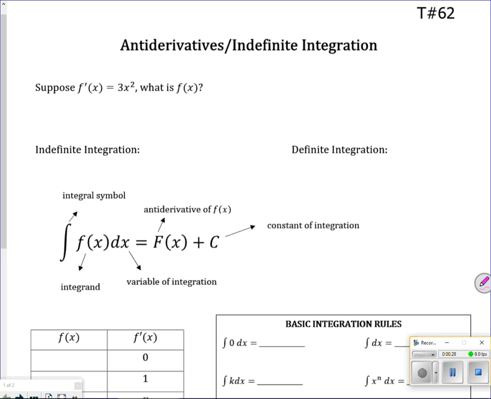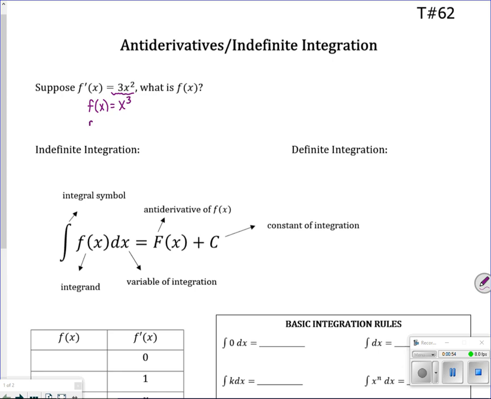So if I told you that some dude has a derivative of 3x squared, well, who is that? Who possibly could have 3x squared as their derivative? You'd say, well, f of x could be x cubed. Can you think of another one that would have that same derivative?